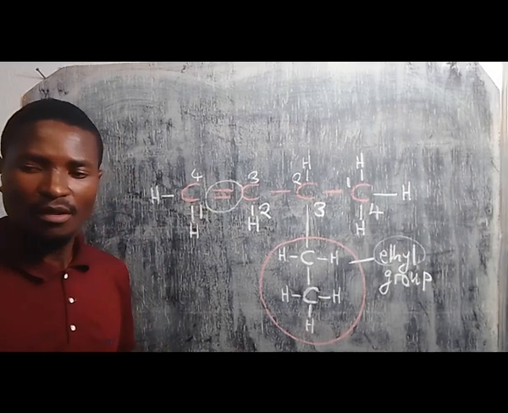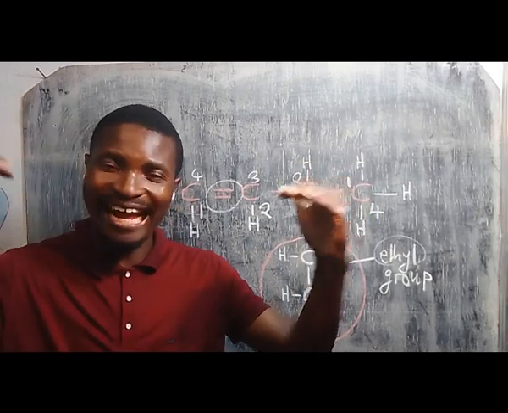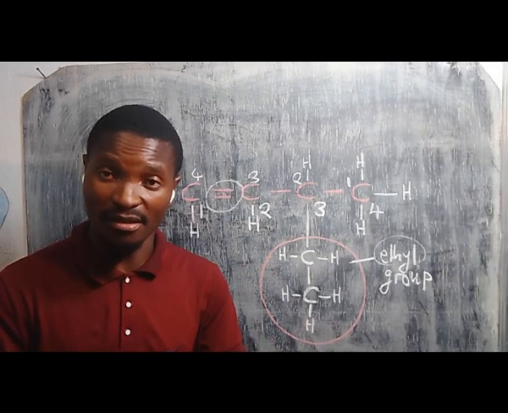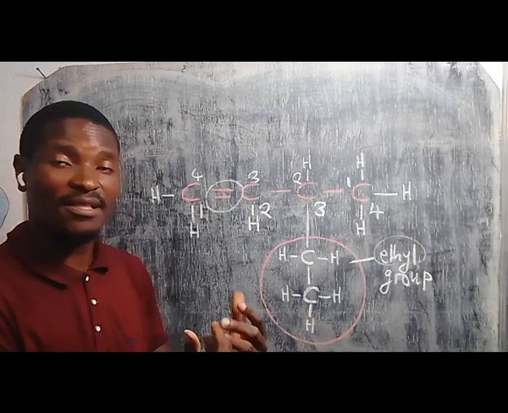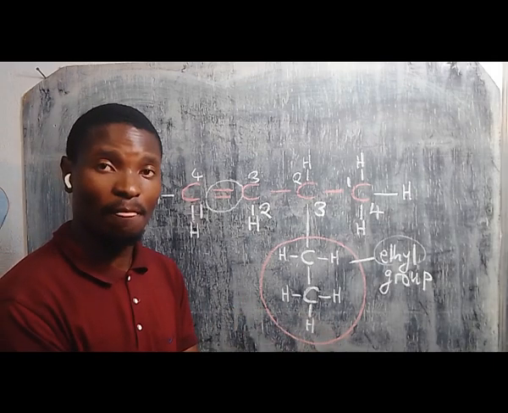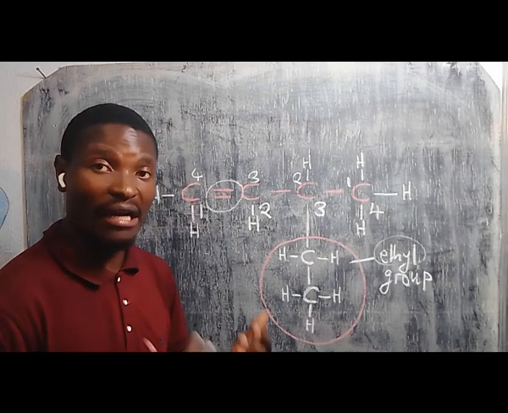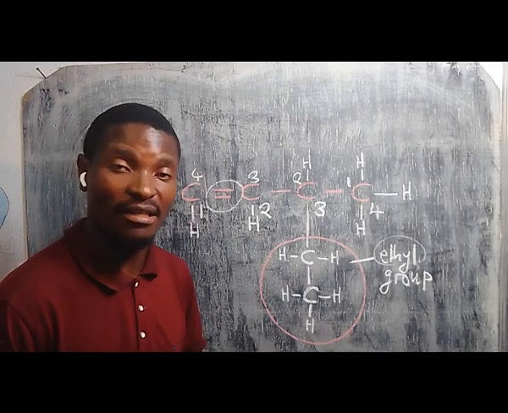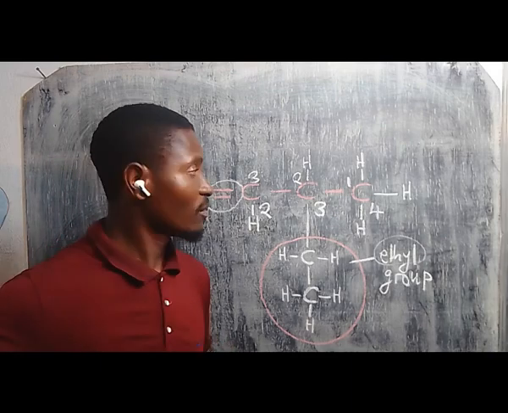Now you compare the top numbering and the bottom numbering. The one which gives you the shortest number for the carbon position at which the double bond is occurring is the correct numbering, because that is what we want.